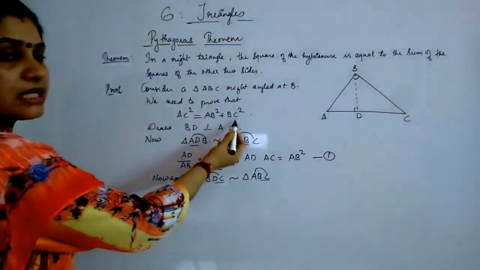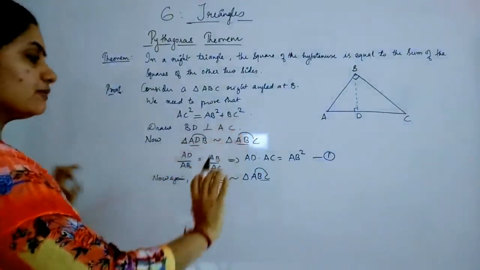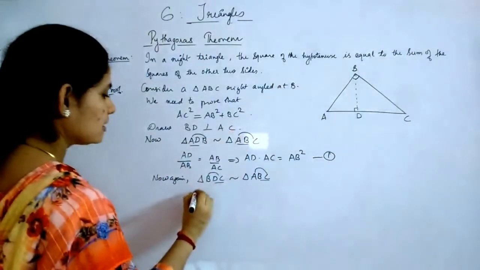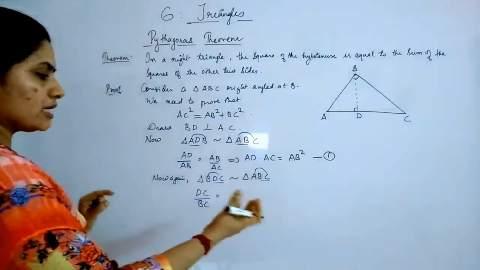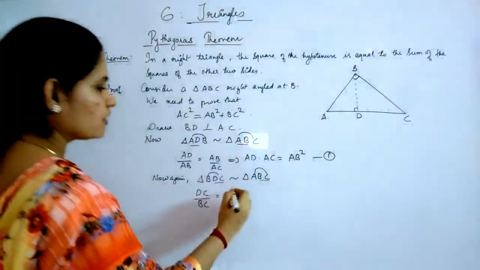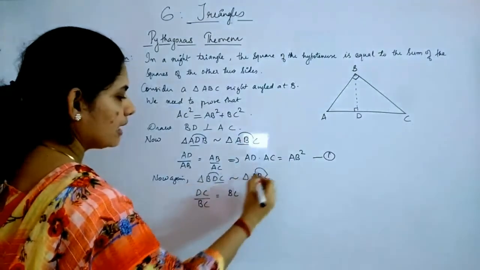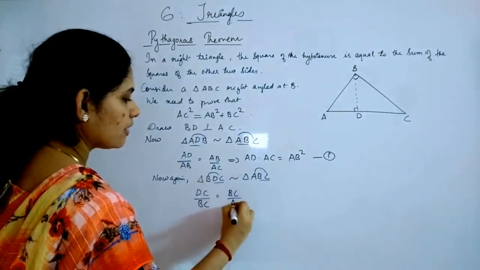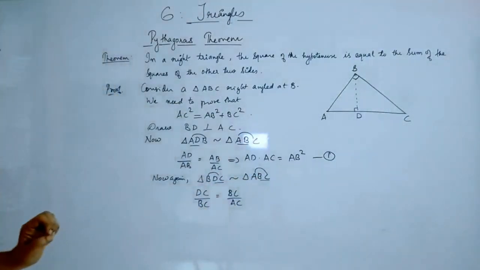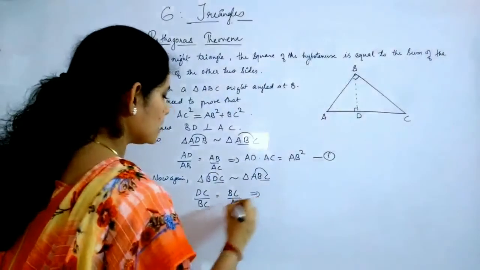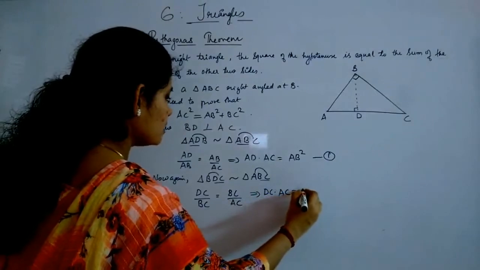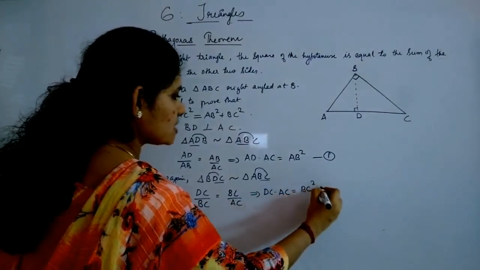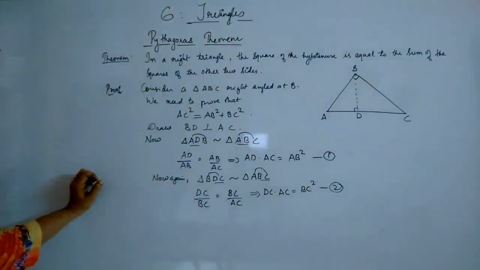Because we need BC square, BC into BC, that's why we are taking it like this. First we have DC by BC, and then again you have BC, and correspondingly the side AC. After cross multiplying, the product is DC into AC is equal to BC into BC, which is BC square. Put it as equation number 2.